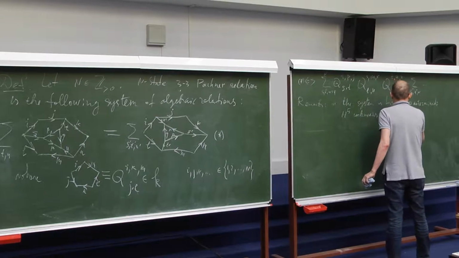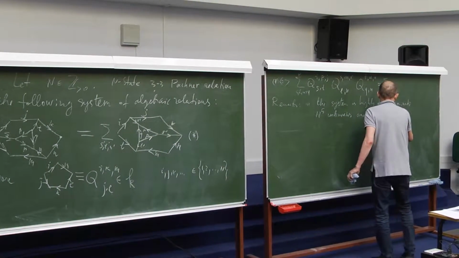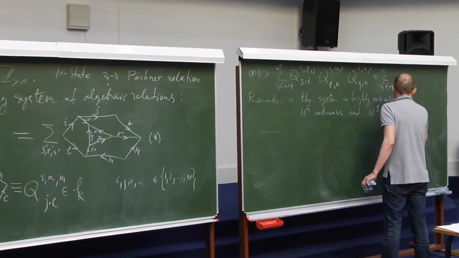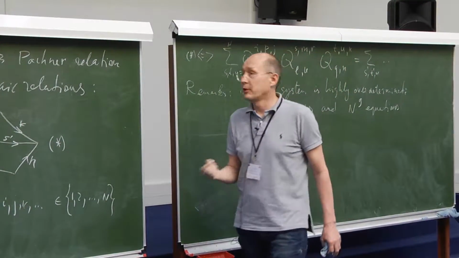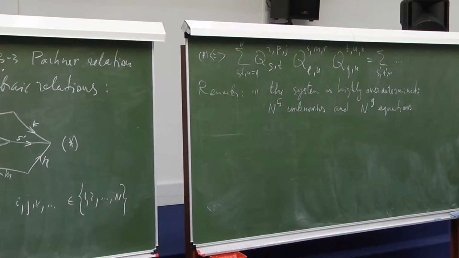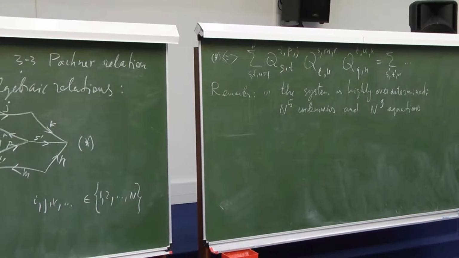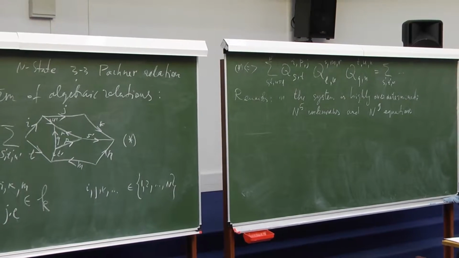So we have the n power 9 equations. So it is a homogeneous of order 3 system of algebraic equations on the unknowns Q_ij,kl.